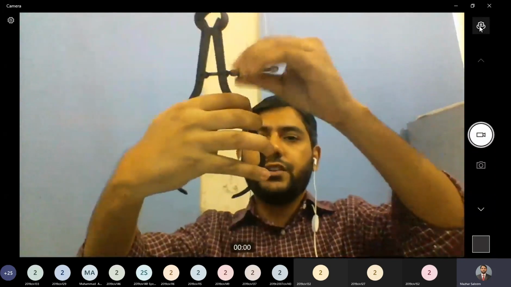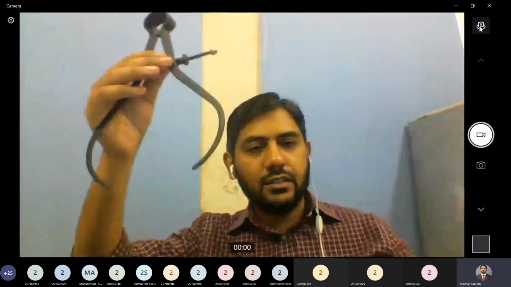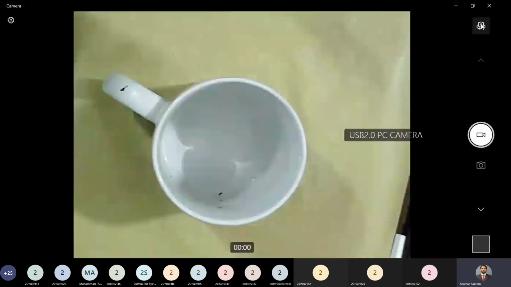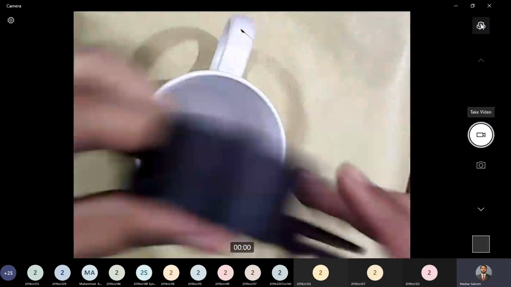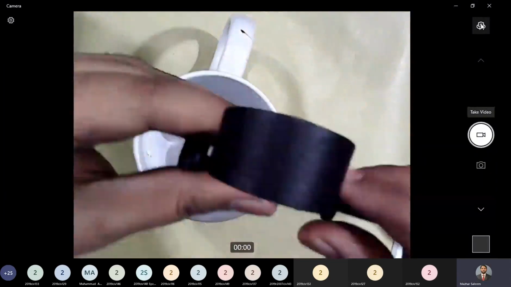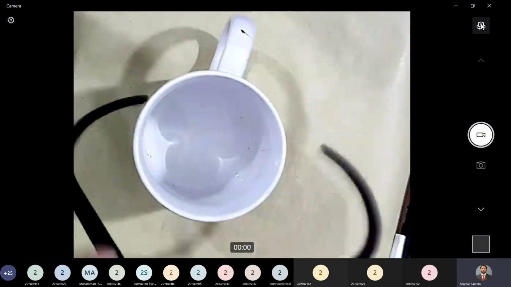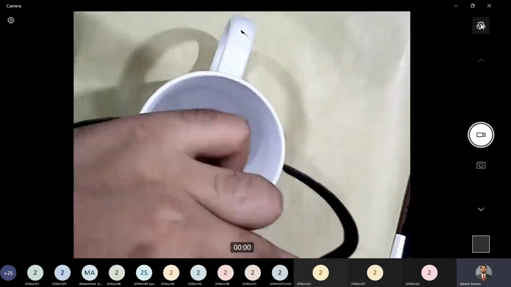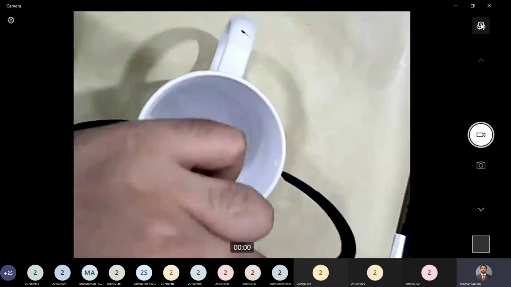Supposedly, I want to measure the external diameter of this mug. How to do that? Let me use the other camera to show that. Okay, if I want to measure the external dimension, how will I do this? I will open this equal to the external diameter.